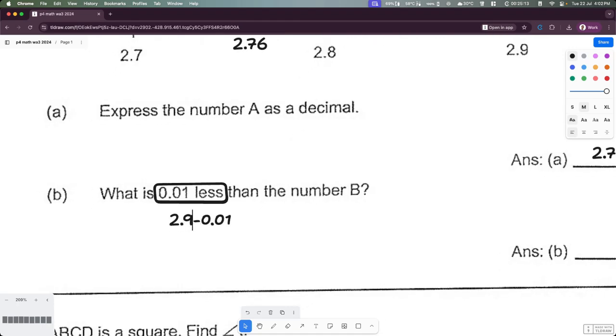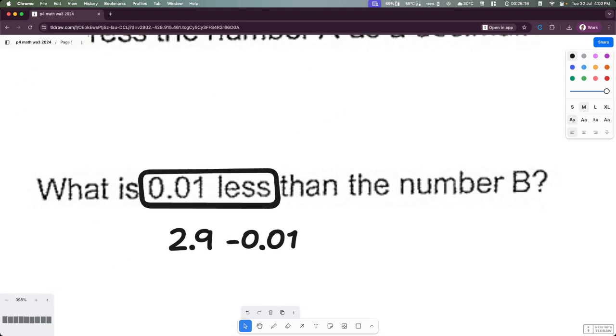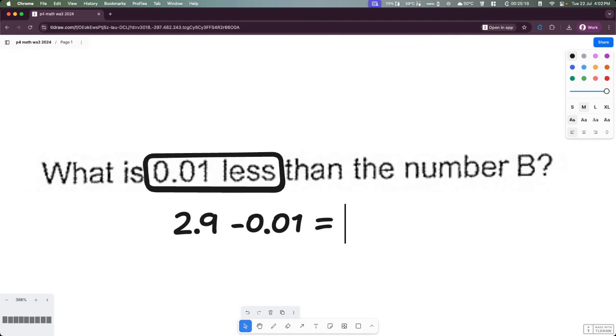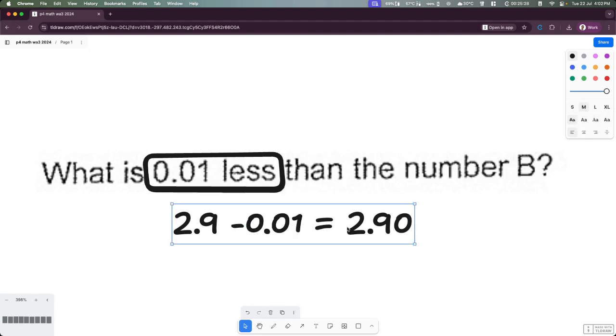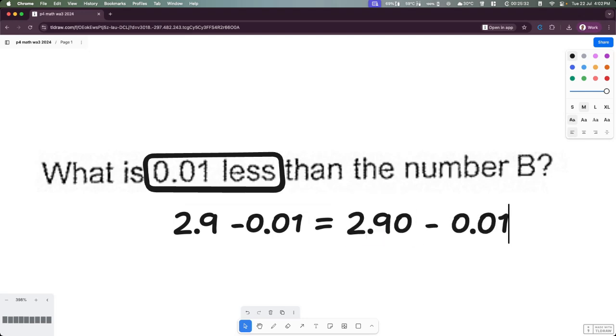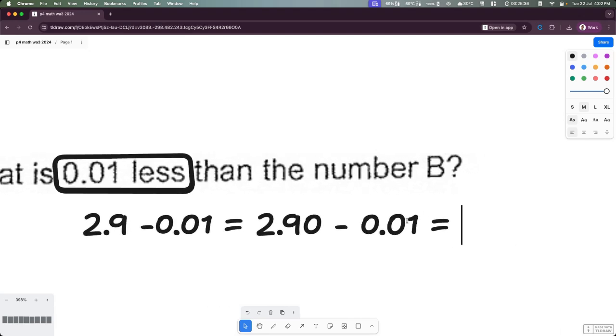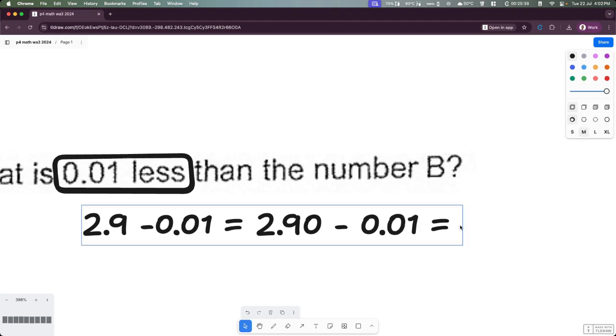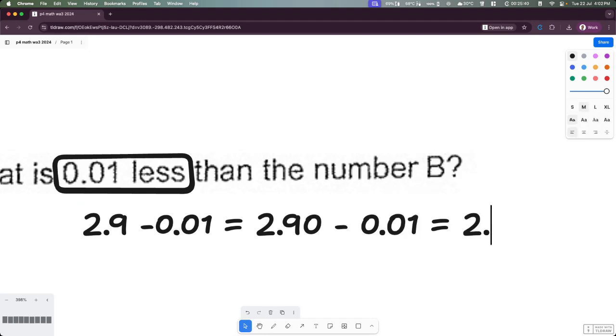So 2.9 minus 0.01. And what will this give? To make it an easier subtraction for you, you just put 2.90. Remember, you see the longest decimal place, you just have the same decimal place for all the numbers, so it's easier for you. Minus 0.01. The answer is 90 minus 1, which is 2.89.